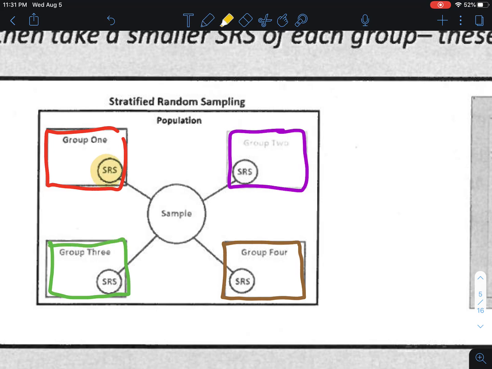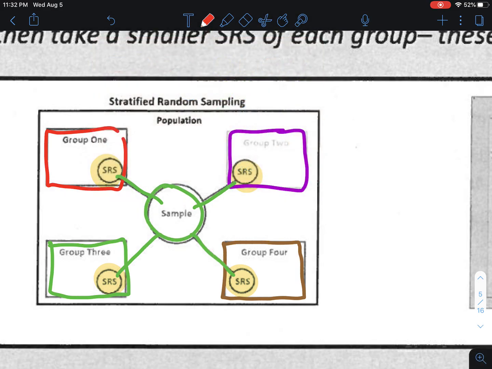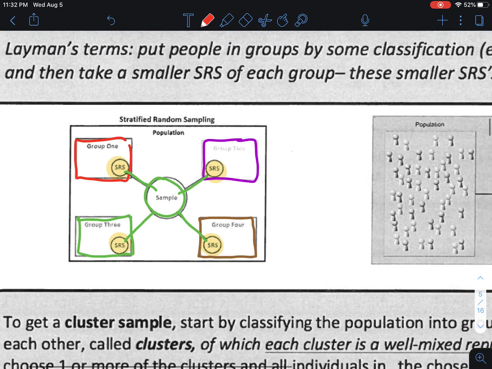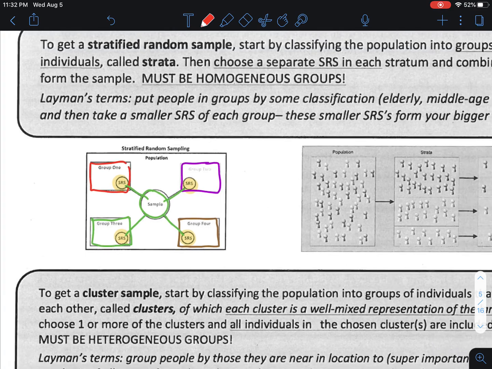And then you take a little SRS from there, a little pocket of these people, a little pocket of those people, a little pocket of those people, and those people combine to make the overall sample. And again, the numbers don't have to be the same. It could be 20s across the board. It doesn't have to be. Likely it would make sense that it's kind of proportionate to how many people are in each group, but again, it doesn't have to be.